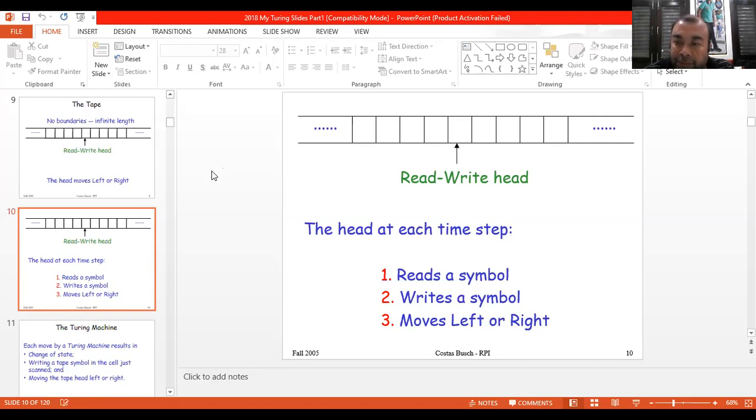It may delete the symbol, and in place of that, it may write a new symbol on the tape and move either left side or right side, or it may remain in this position also. That is also allowed. Although it is not mentioned as a 4th point, it is not necessary that you always move towards left or right. Generally we move, but there may be scenarios where we halt here.